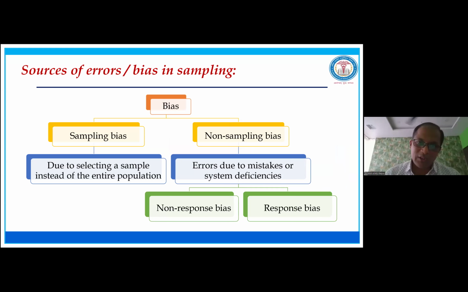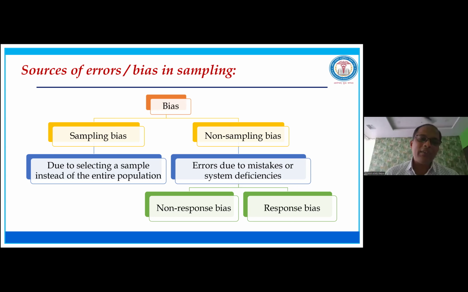Ma'am has already discussed different types of bias in research in the previous session, but related to sampling, the biases are categorized into two categories. The first one is sampling bias, which is related to the sampling method, and the non-sampling bias, which is because of the participants' responses in the sample.